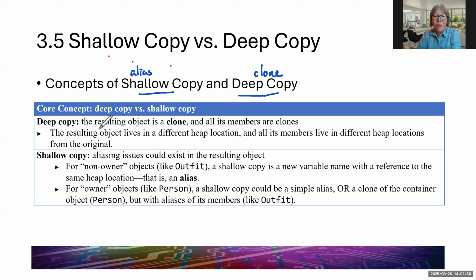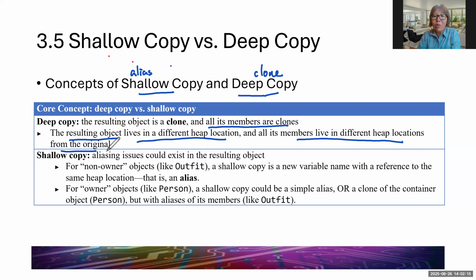For deep copy, the resulting object is a clone, and we also make sure all members are clones too. So that's a real deep copy. The resulting copy will be in a different heap location, and the members are also in different heap locations from the original. So be careful about this.